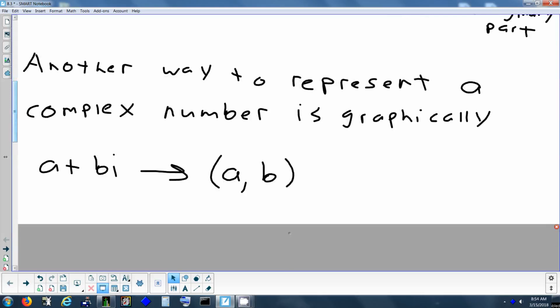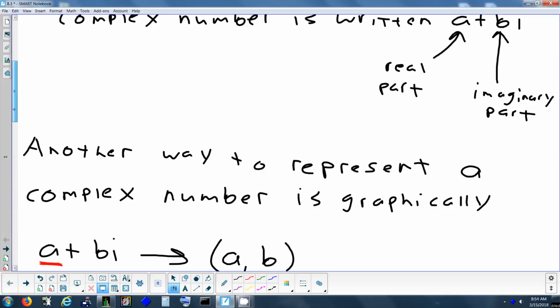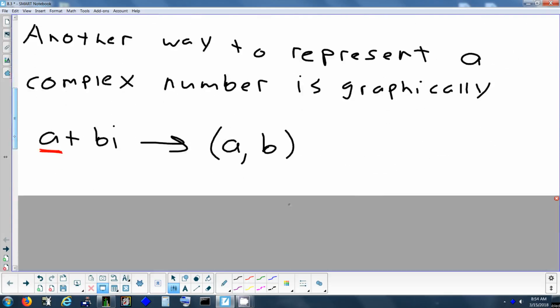So a is normally which axis? Which axis comes first in an ordered pair? It's normally the x. So now the real part is taking the place of the x.